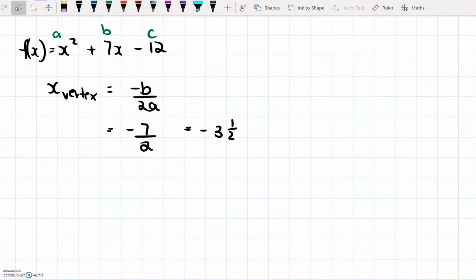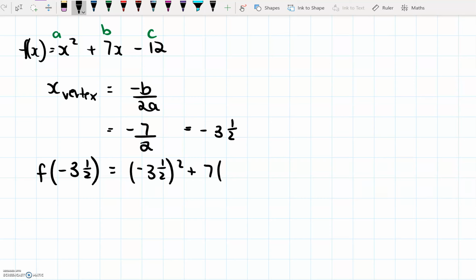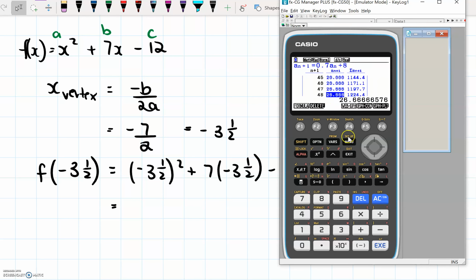For the y, we then do the function of -3.5. And this will give us our y value. Okay, so we're going to get -3.5 squared plus 7 times -3.5 minus 12. And this is going to give us, let me open up my calculator.